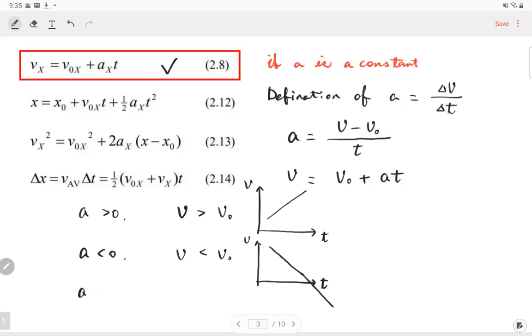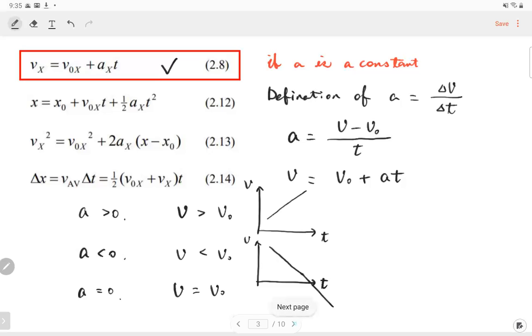The final case is if a is 0, that means a constant velocity, v equal to v0. Then we will have a constant, flat line in the v-t graph. Okay, this is the first equation. If you have any question, you can stop me and I will give you more explanation.